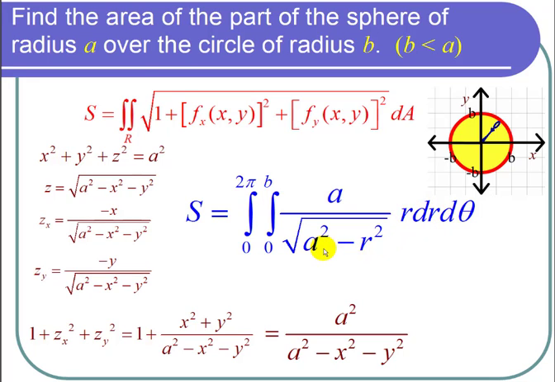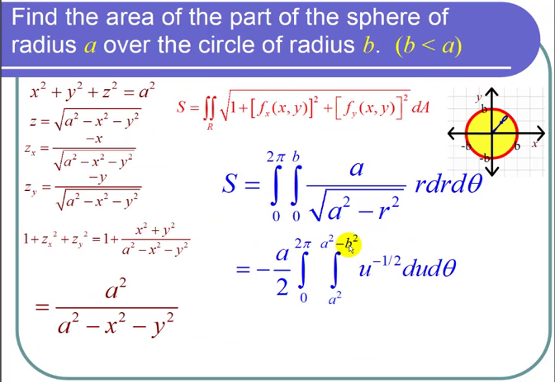So now I need to integrate this expression, and I use u substitution. If I let u equal a squared minus r squared, then du equals negative 2r dr. So here's the r, and I don't have a 2, so I need to multiply and divide by 2. So I get an a over 2 outside. There's a negative.